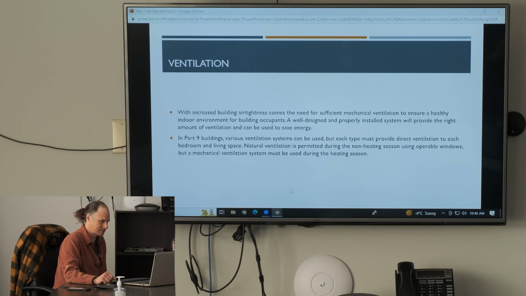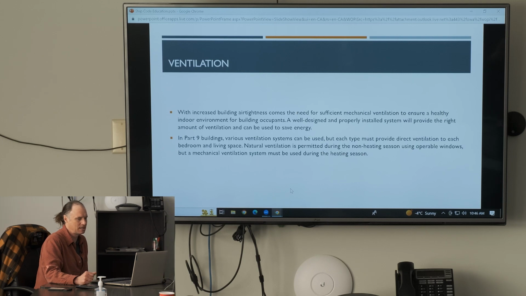In Part 9 buildings, various ventilation systems can be used, but each type must provide direct ventilation to each bedroom and living space. Natural ventilation is permitted during the non-heating season using operable windows, but a mechanical ventilation system must be used during the heating season.